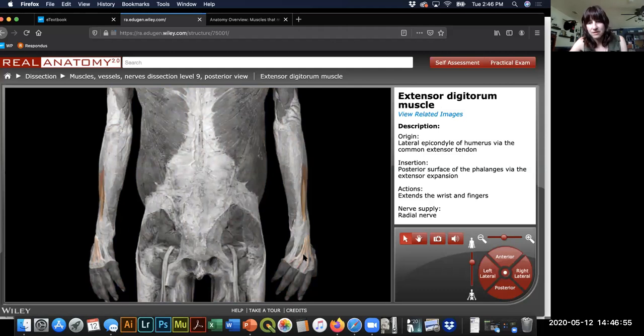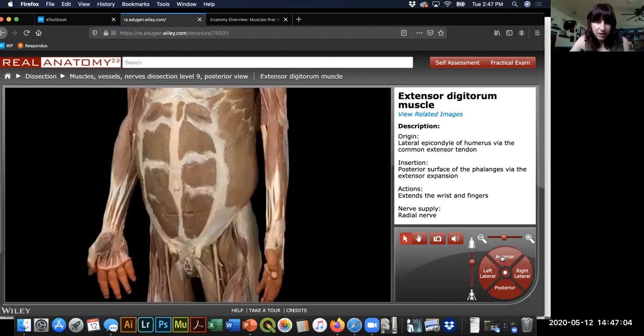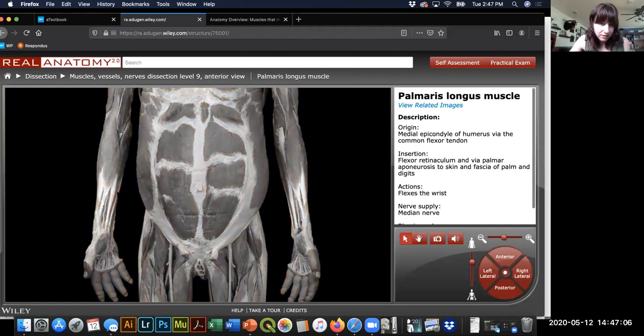See how the tendons of that muscle extend all the way down your hand to extend your entire hand, while on the front side, the Palmaris longus, you can't really see it very clearly here, but it does extend into the palm of your hand, hence Palmaris longus, right? So it actually helps you to flex and close your hand. So those two are paired off to flex your hand and extend your hand.